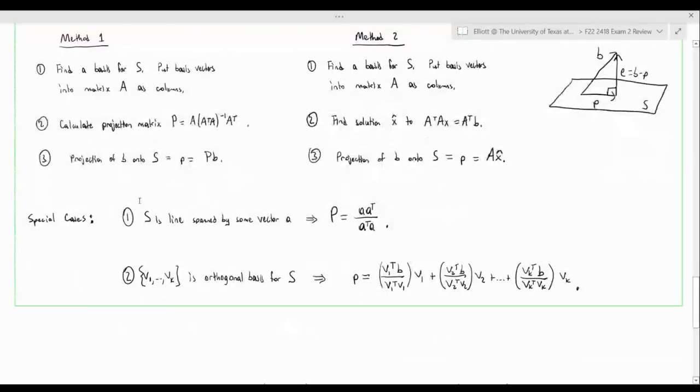There's a couple of special cases of this. If S is a one-dimensional subspace, in other words, if S is a line, say a line spanned by a vector A, then this formula for the projection matrix simplifies to this, as A transpose A becomes a scalar, so it's raised to the power of negative 1.